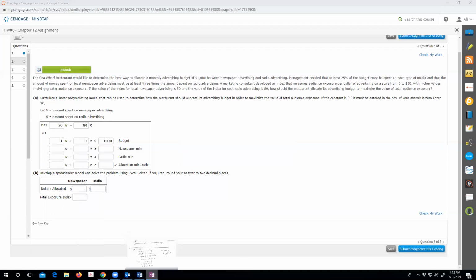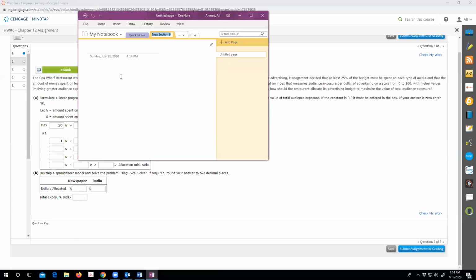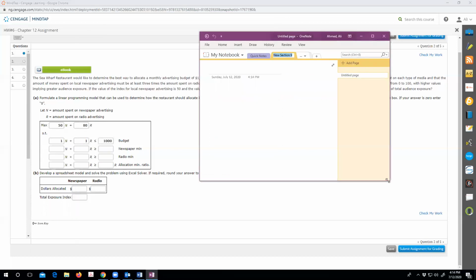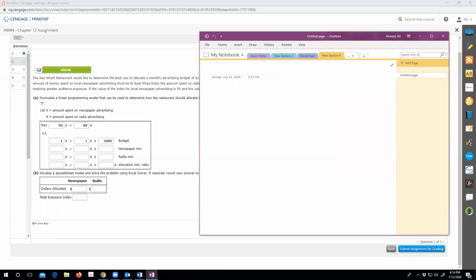So this constraint, wait, I'm just trying to connect to, so can you see my notepad? Yeah. All right, so technically it's just this constraint. All right, what's happening? I cannot really.